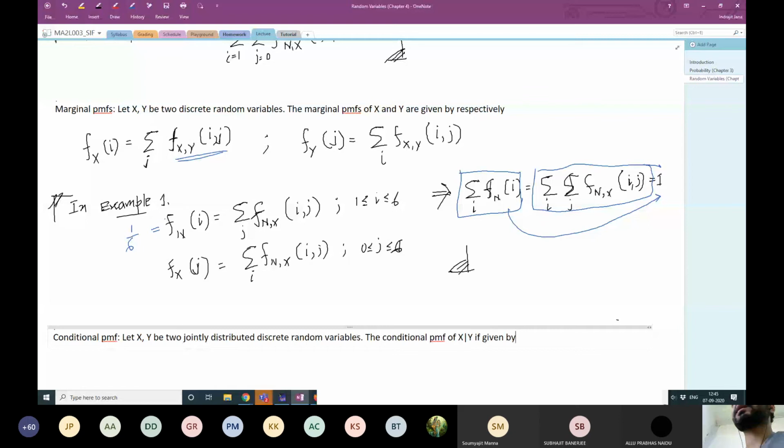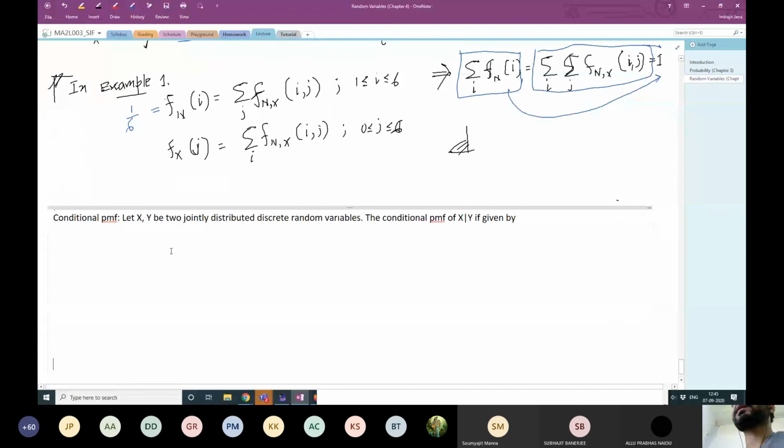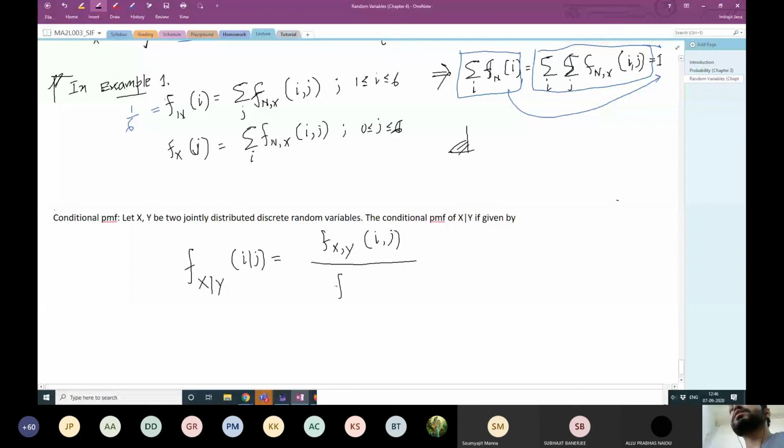The conditional probability mass function of x given y, say i given j, is going to be f_XY(i,j), which is the joint probability mass function, divided by the marginal of j, which is the marginal of y, f_Y(j).